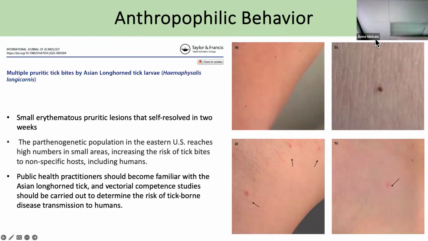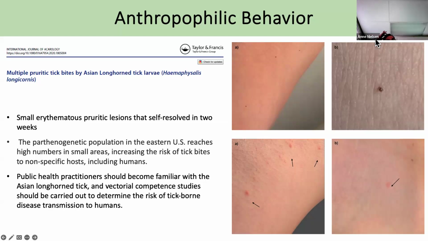One thing that I mentioned before is that ALT is not particularly anthropophilic, and this is true. But there have been instances of people bitten by this tick species. If you remember, the parthenogenetic populations reach high numbers in small areas, and when you have high numbers in small areas, that increases the risk of tick bites.